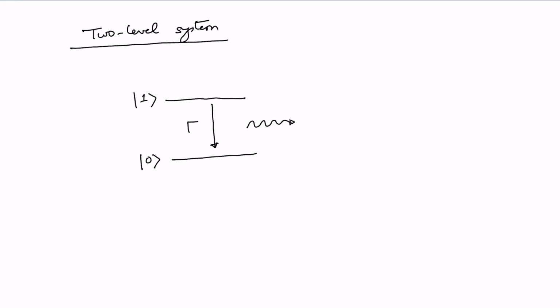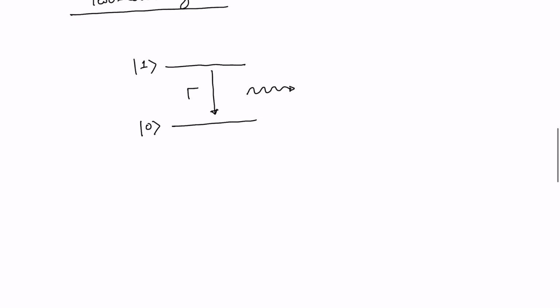So as you can see in this example, we have only one decay process, and the system goes from ket 1 to ket 0. Therefore, the system relaxation operator we can write as going from ket 1 to ket 0.